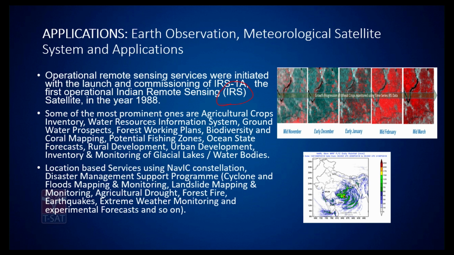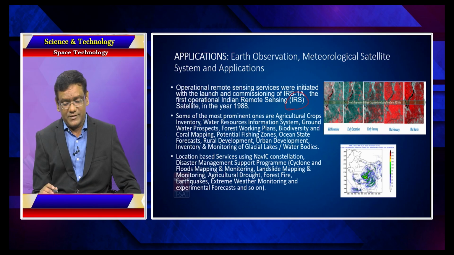So these are initiated with the launch and commissioning of IRS-1A, the first operational Indian remote sensing satellite, in 1988.